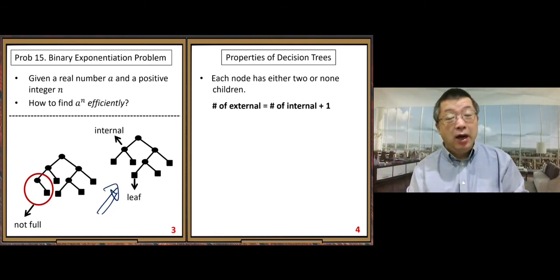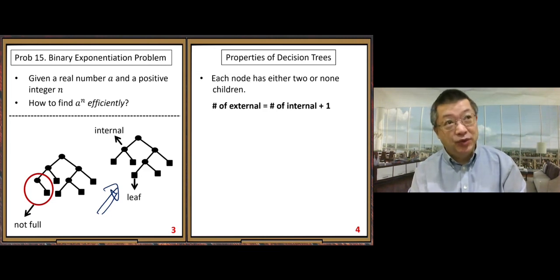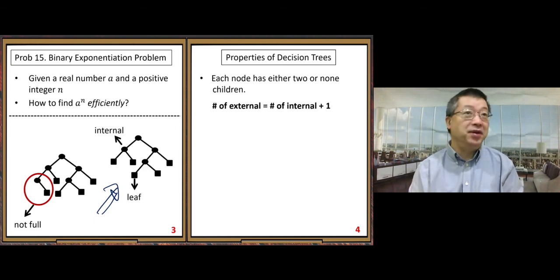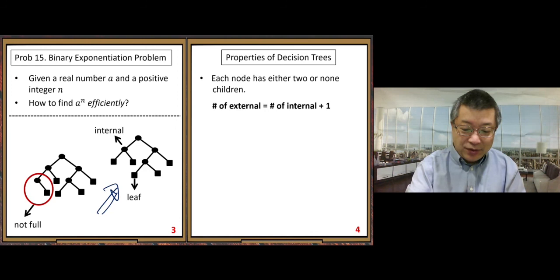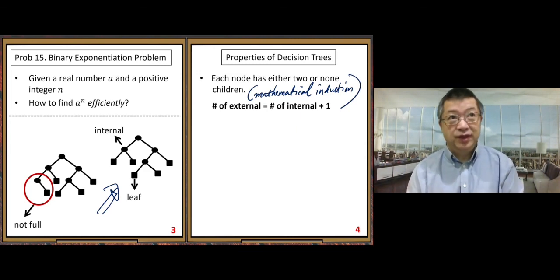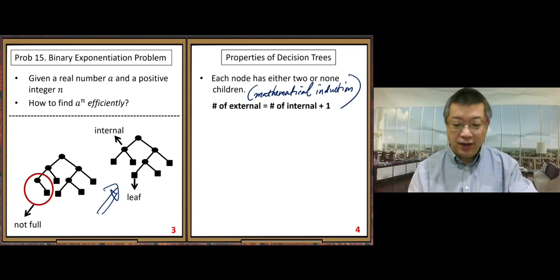How can you show that? By mathematical induction. If you really want to show this formula, you can do it by mathematical induction. It's a simple practice exercise, but I won't give you this question in your homework, test, or quiz.